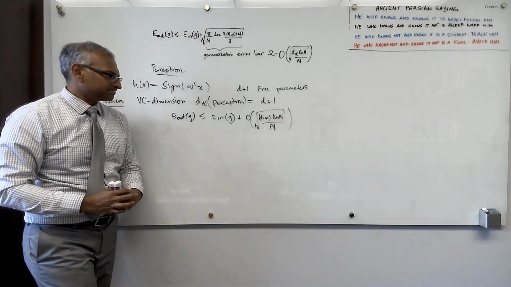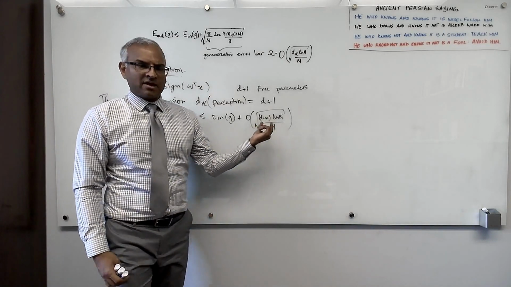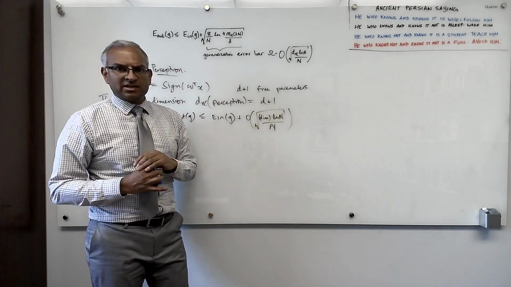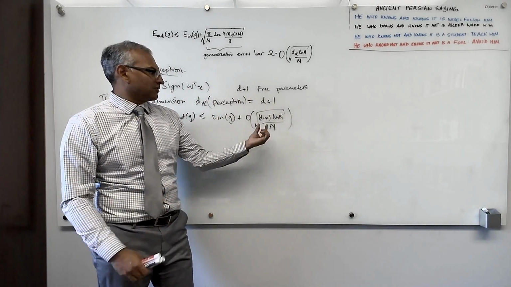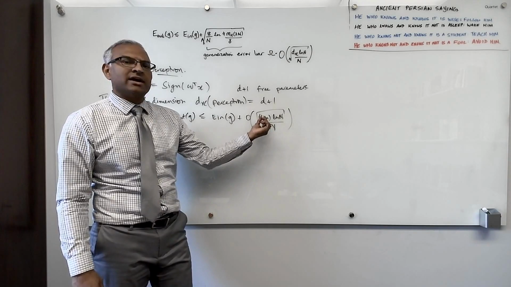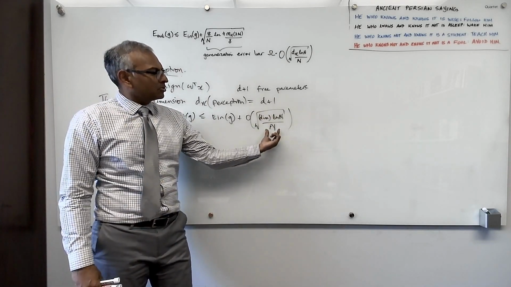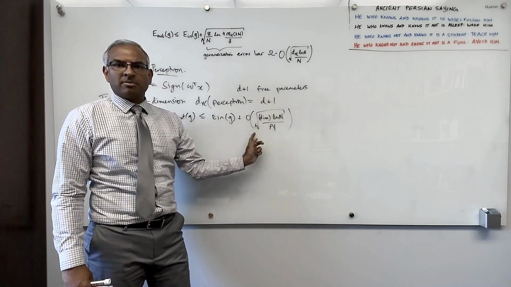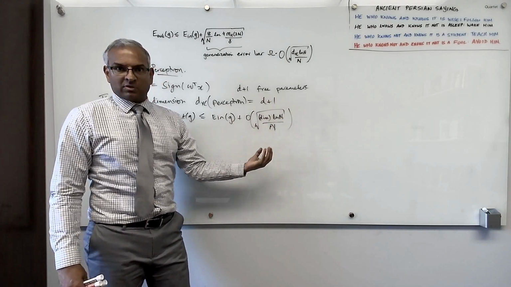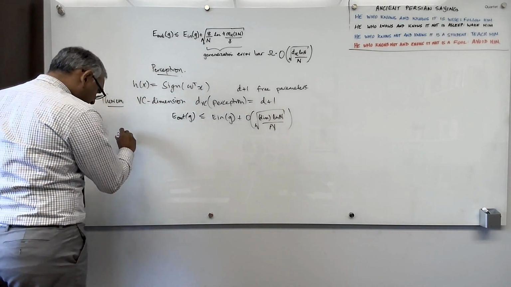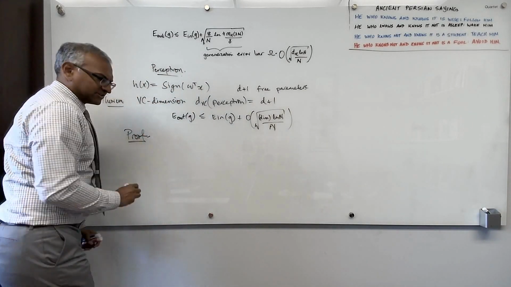If you have more and more features, in other words, you're going into higher and higher dimension, then to effectively learn a perceptron, you need more and more data to keep control of this error bar. And we can quantify how much more we need. So this is a deep result.